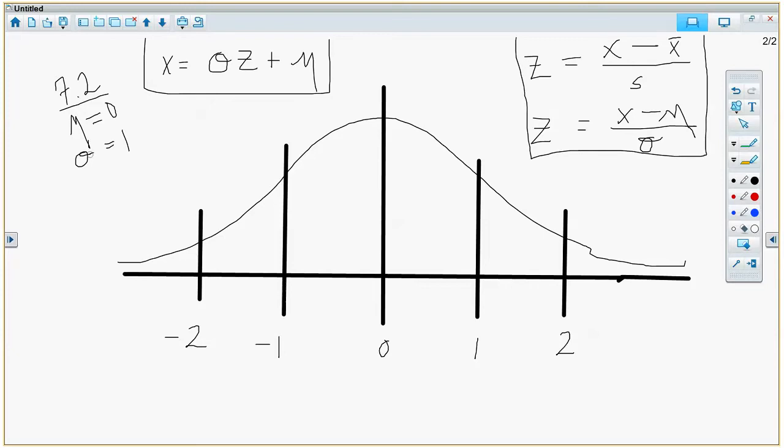Now, besides these two things, you need to also remember the empirical rule. You've got to realize that the left side of this mark right here is supposed to be the center, so this is 50%. Well, this is 75%.